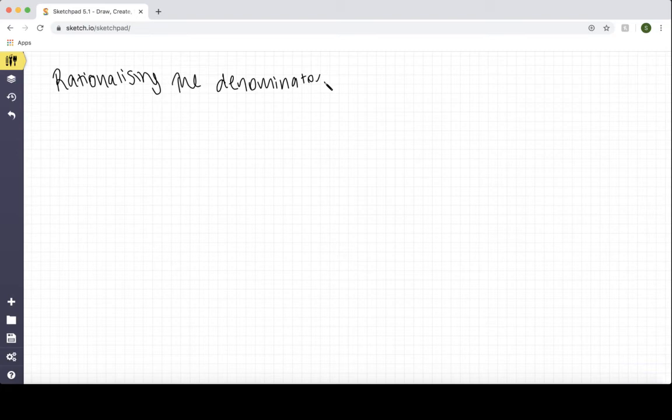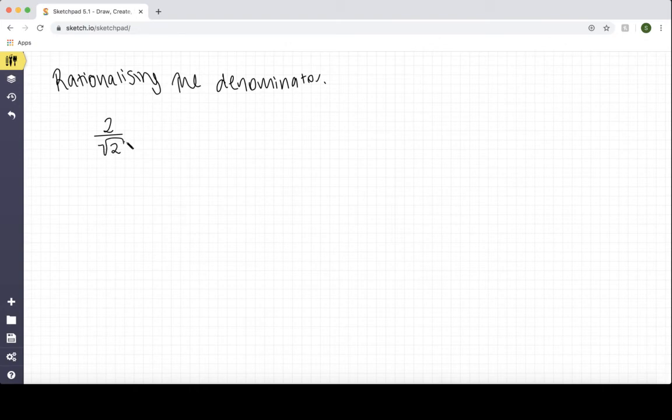So what does rationalising the denominator mean? Well, say you have a fraction, right? So we can be working with fractions now. So let's say you have the fraction 2 over the square root of 2. So when we say rationalising the denominator, what we mean is making the denominator, which is this number at the bottom, so in this case it's the square root of 2, we want it to be a rational number, which means that it doesn't have a square root in it.